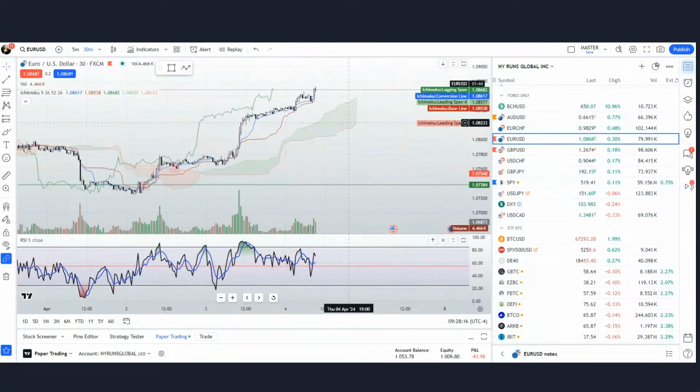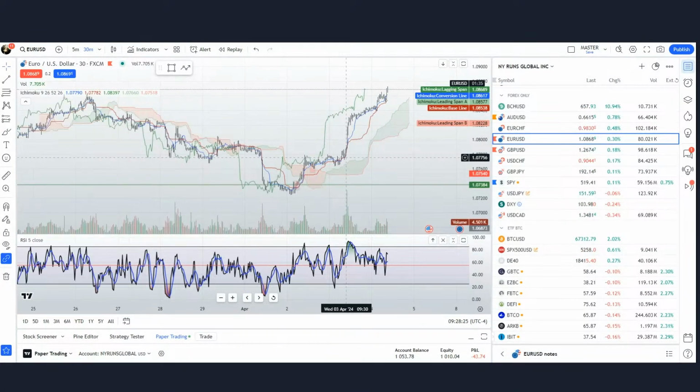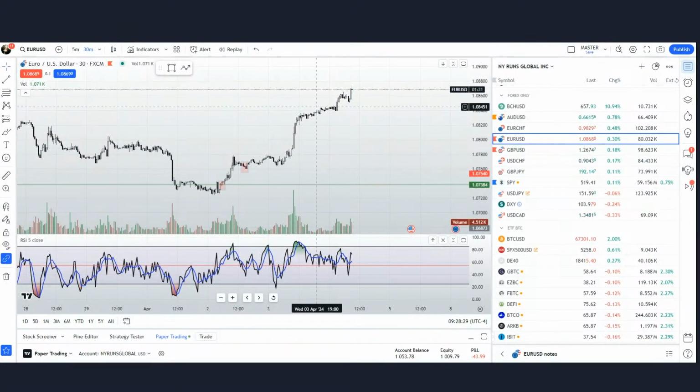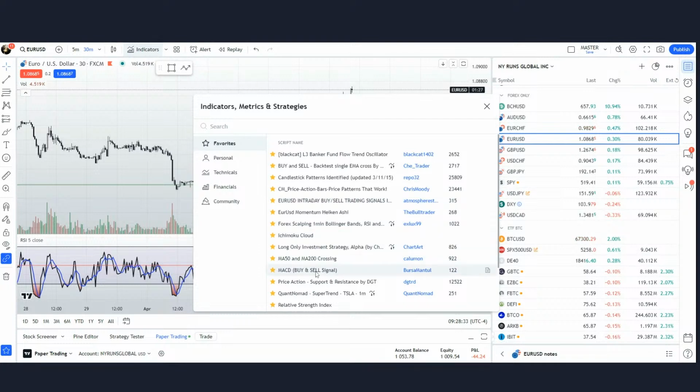You can see the Ichimoku cloud. The Ichimoku cloud is an indicator that gives you an idea of what is happening with the trend of the forex or the stock, depending on what you're going to do.